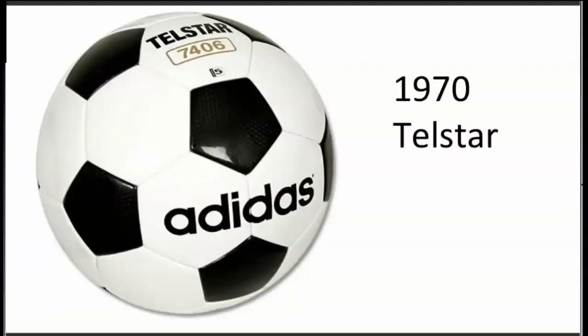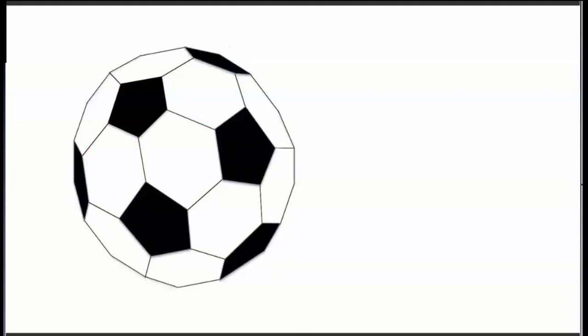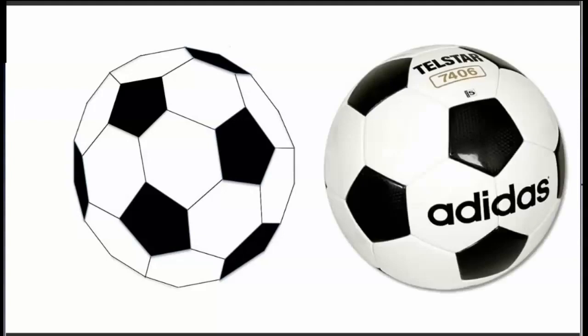The Telstar, introduced in 1970, is the classical design with its 12 black pentagons and 20 white hexagons. It's not a platonic solid, but it's one step away. Start with an icosahedron. Pick a corner, divide its connecting edges into thirds, mark a pentagon, then cut off the corner. Doing this to each of the 12 corners creates 12 pentagonal faces. Pumping it up produces the Telstar.